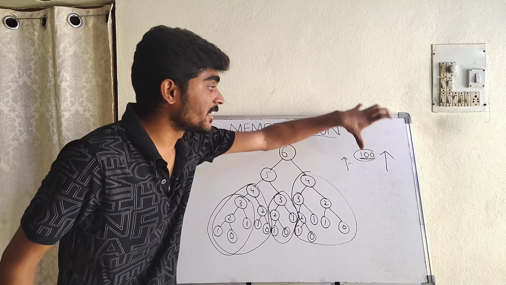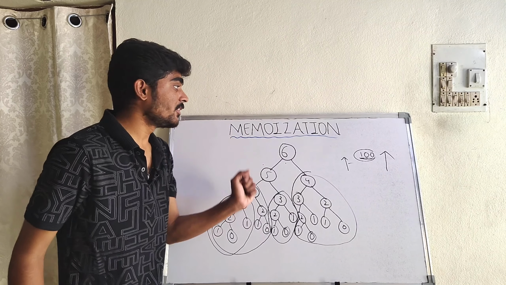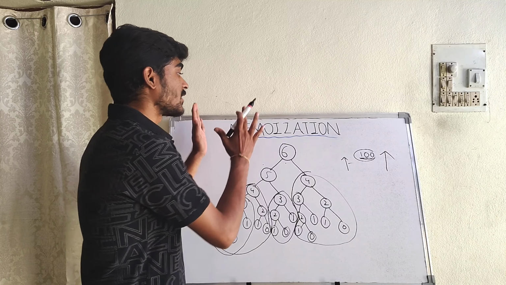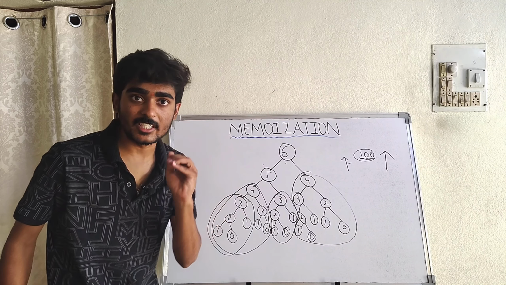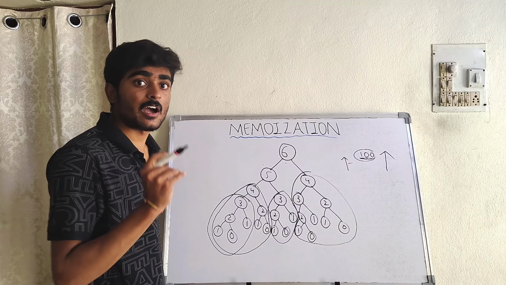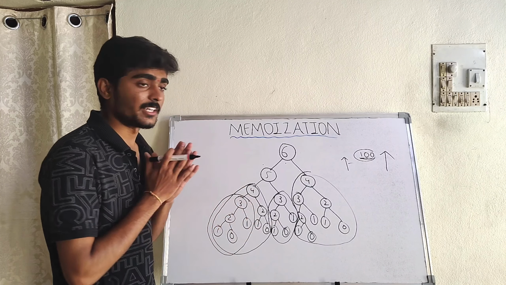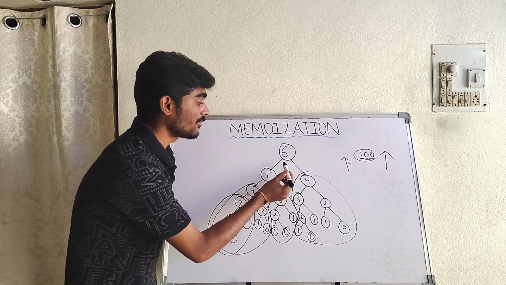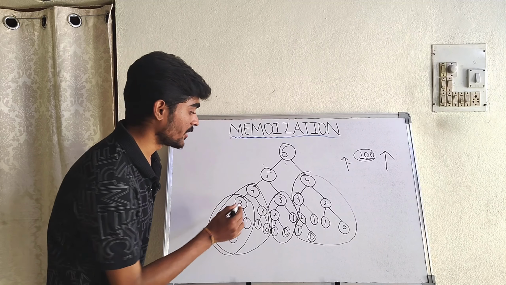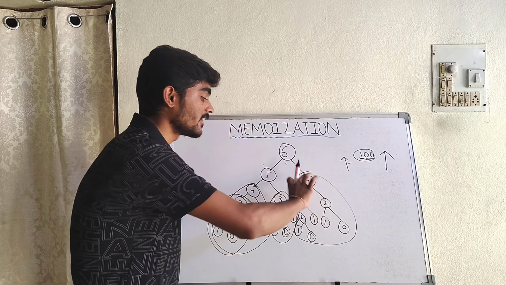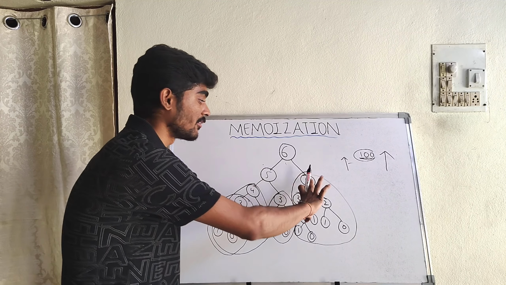So to decrease this time complexity, we have introduced the concept of memoization. How memoization decreases the time complexity is that it stores the output values for a particular input. Now let us see an example. For the same tree, here you are calculating the Fibonacci of 4, and here again you are recalculating the Fibonacci of 4.